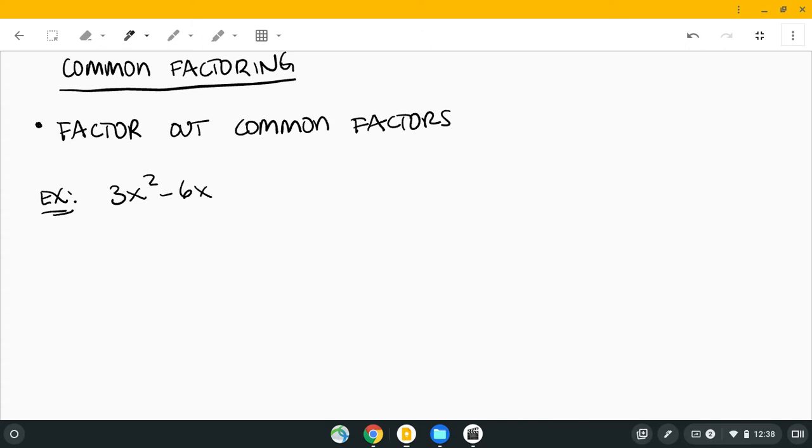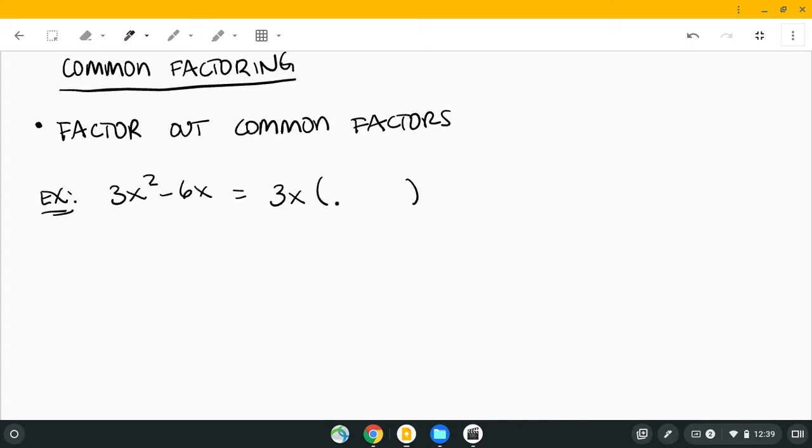Here I can see that these two terms, starting with the numbers, have 3 in common. And then I also notice that they both have 1x in common. So the common factor here would be 3x. If I factor out a 3x, then I need to figure out what goes in here so that I get this back.